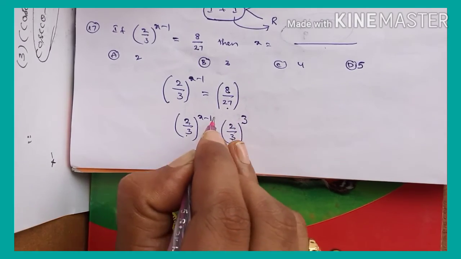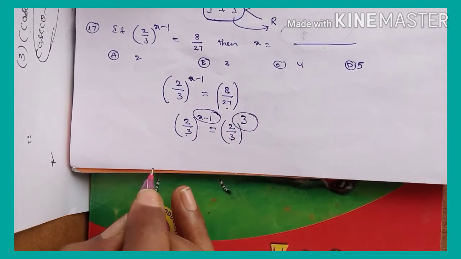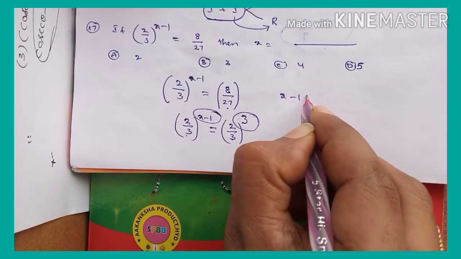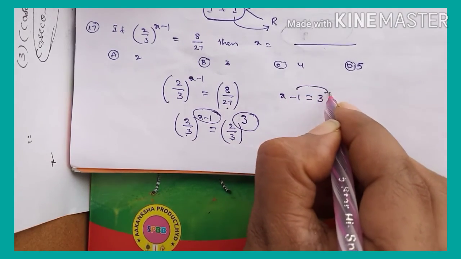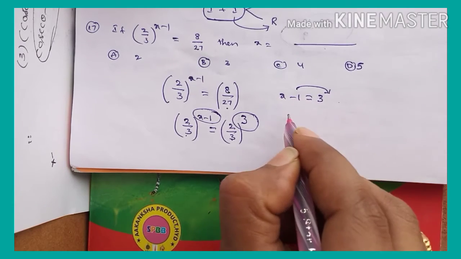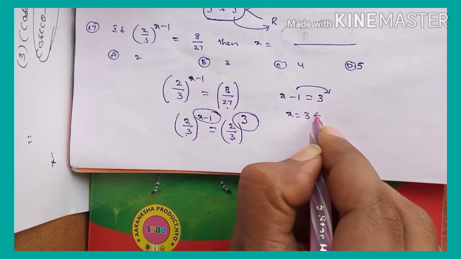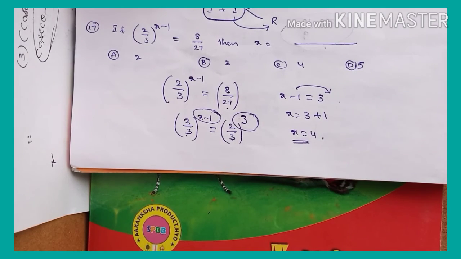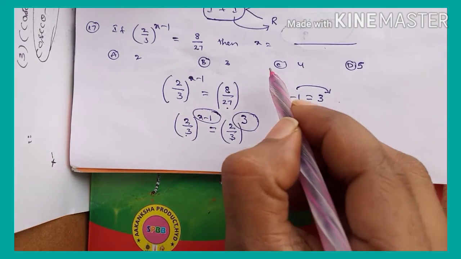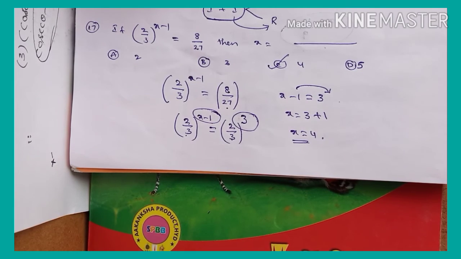Bases are equal, so powers are also equal. So x minus 1 is equal to 3. Transposing minus 1, the value of x is equal to 3 plus 1 is equal to 4. So option C is correct.